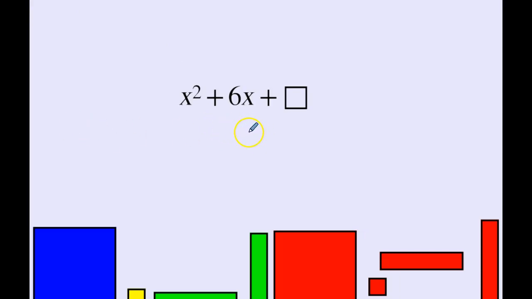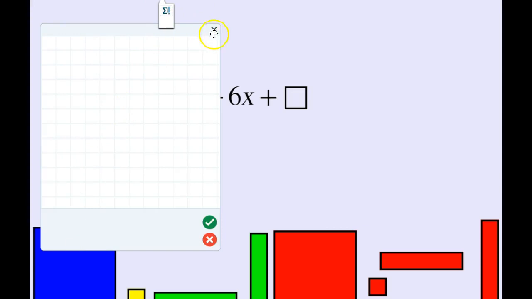All right, so when you're completing the square, you're literally trying to make something a perfect square. Even if it's not a perfect square, you're going to make it be a perfect square. What do I mean by a perfect square? I mean literally in space, it is a square.